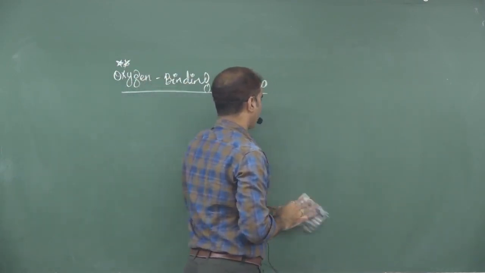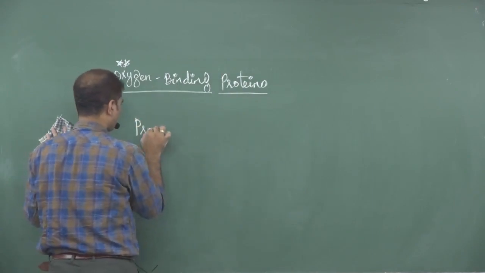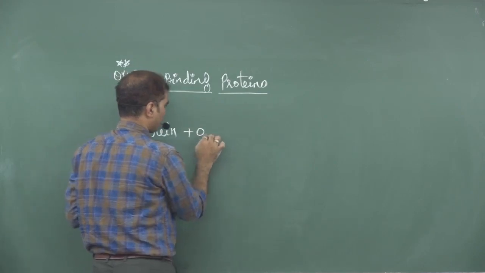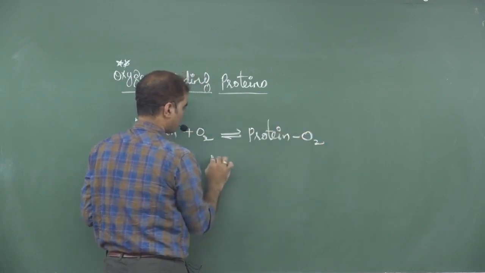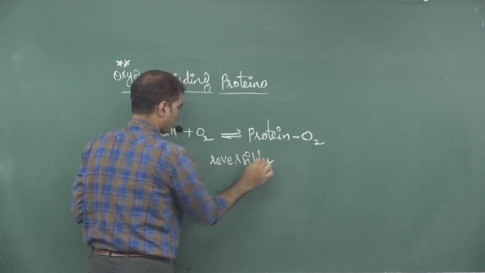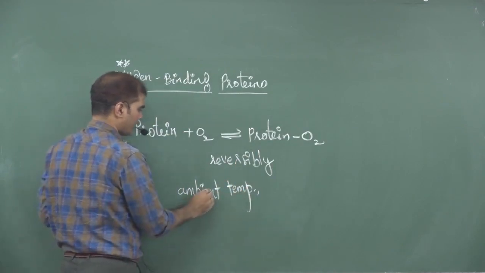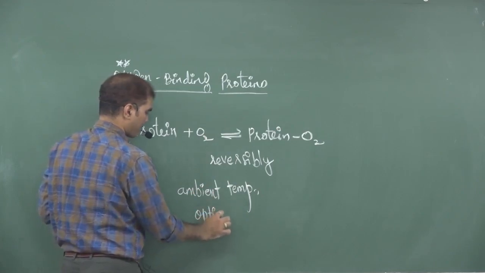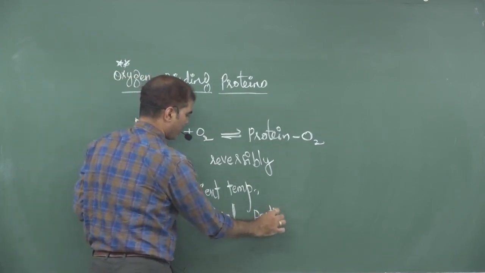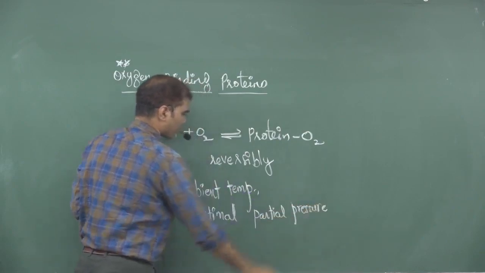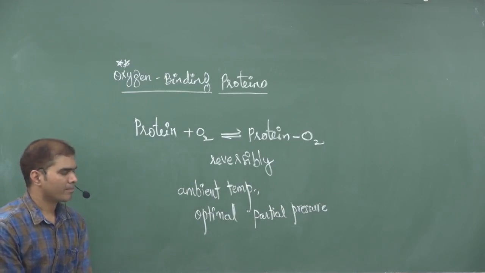Write a point. These are the proteins where oxygen binds reversibly at ambient temperature and optimal partial pressure of dioxygen.